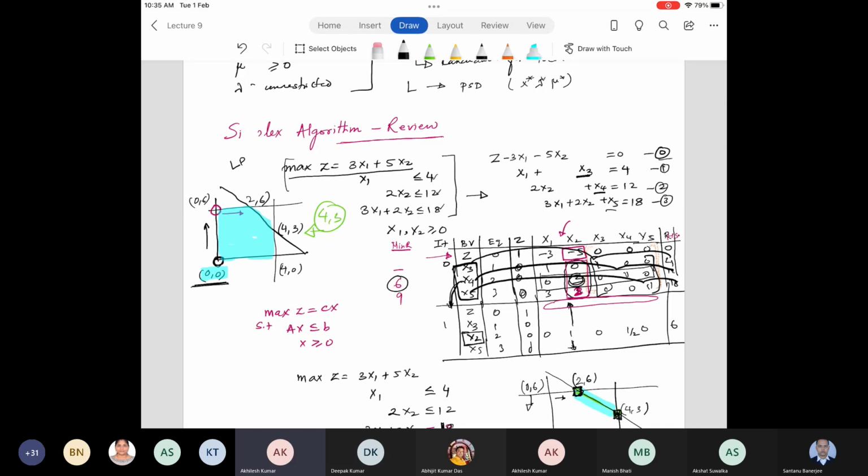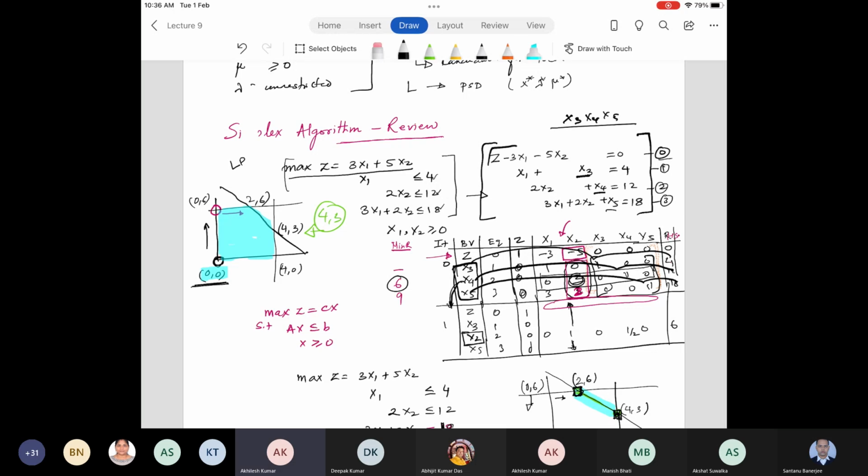Slack variables were your initial basic variables. Since it is an equality constraint, we cannot add slack or subtract surplus, so we said artificial variable. It's like it is there, but it is not there. It should be 0 at the end, right? But slack variables need not be 0. They can be positive. What is important is when you look at this equation which we have formed, and we have said that x3, x4, x5 are in your basis, right?